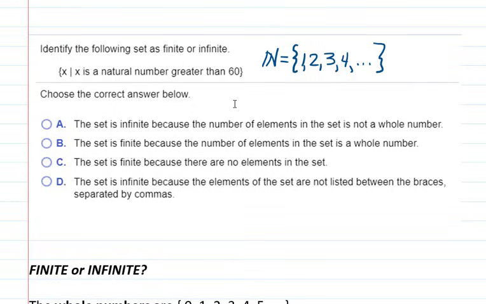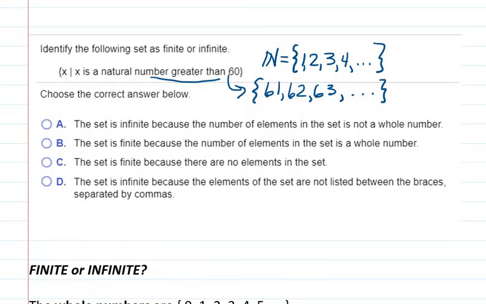They can be represented with a bold N. And we're talking about the natural numbers greater than 60. So in this case, we would be talking about the set that starts with 61 and then 62 and then 63 and so on. Notice it doesn't give us an ending value. It goes on forever. So intuitively, you probably realize that this is an infinite set.